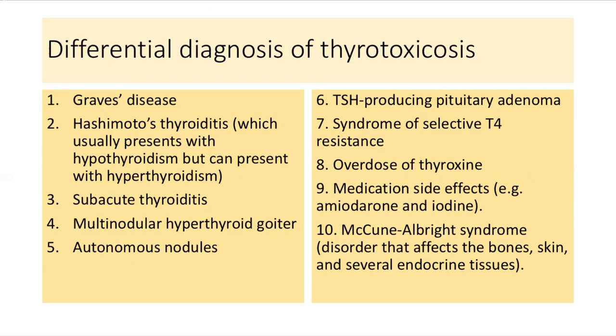Subacute thyroiditis, multinodular thyroid, hyperthyroid goiter, autonomous nodules, TSH-producing pituitary adenoma, syndrome of selective T4 resistance, overdose of thyroxine, medication side effects such as amiodarone and iodine, which are goitrogenic drugs, McCune-Albright syndrome, which is a disorder that affects the bones, skin, and several endocrine tissues, of which the thyroid is one of them.